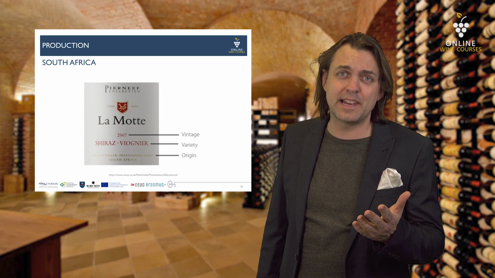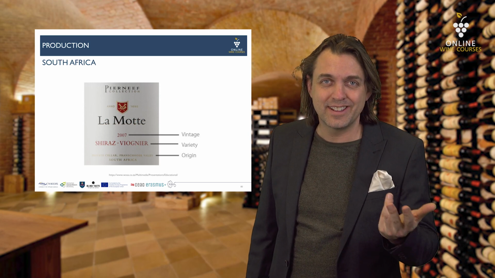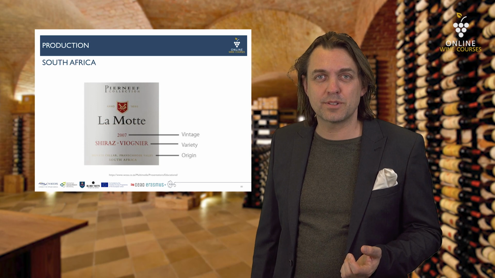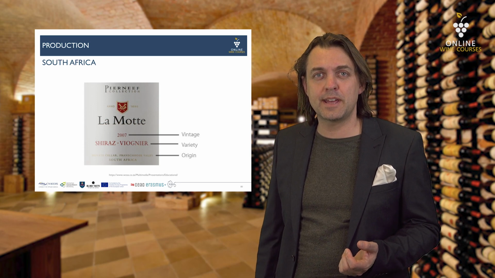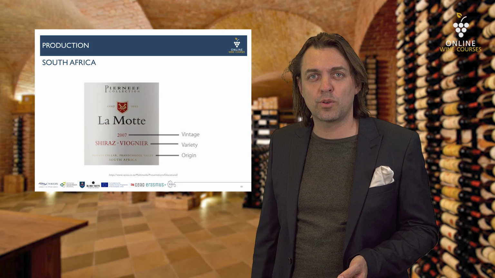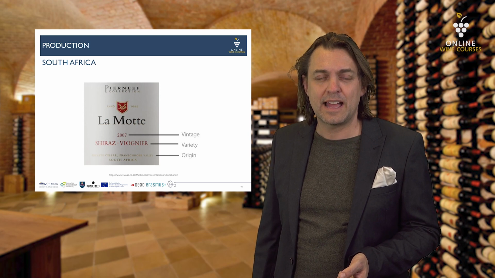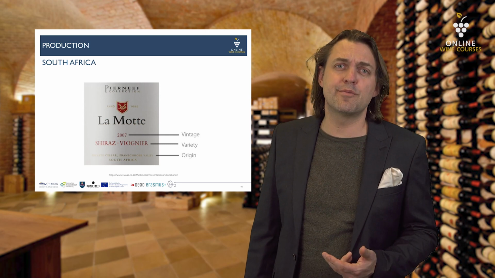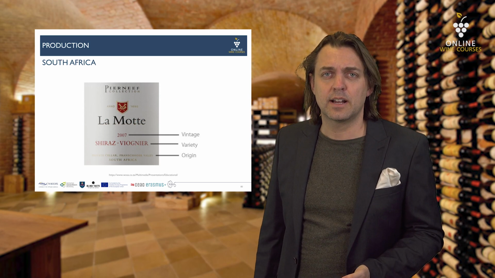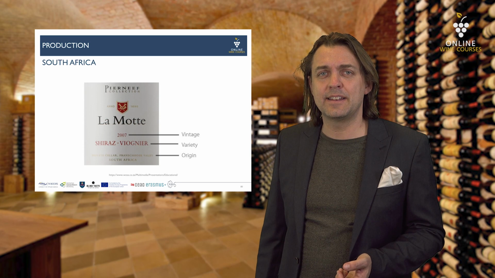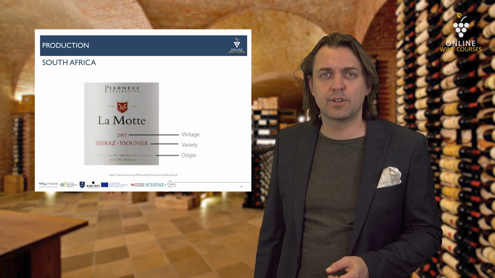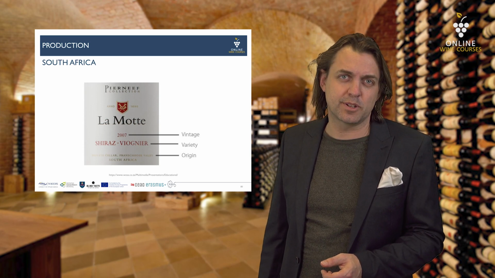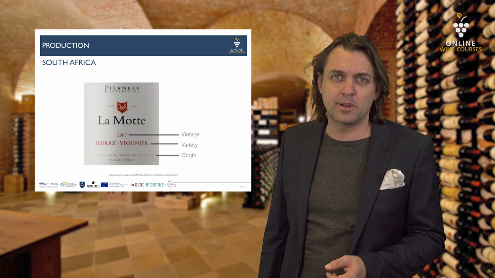But now, looking at the label, the label does tell a story. Here we have La Motte, which is the brand name or the winery name. The vintage is always on the front of the label, and then the grape variety. So Shiraz Viognier, as we know from the Rhône Valley, is very much the classic blend that works quite well. And the proportions of Shiraz and Viognier are generally very similar to what you expect in European wine growing regions.